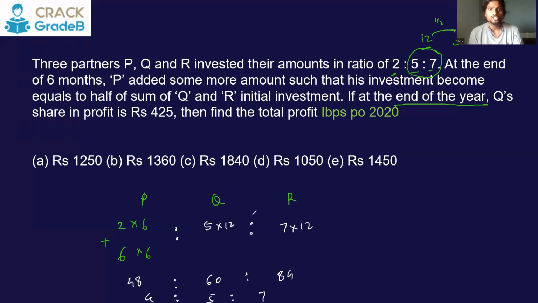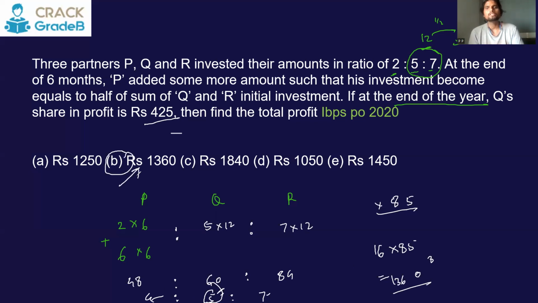They are saying Q's share in the profit is 425, which means 85 times. So total profit means 12 plus 4, 16 should also get 85 times. So what is the total profit? If his share is this much, what is the total share? So 16 times of 85. 1360. 1360 will be the answer.